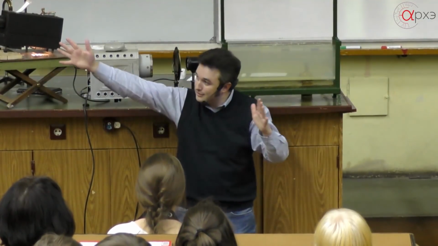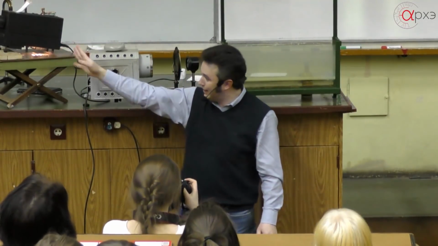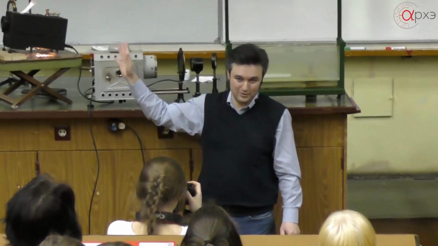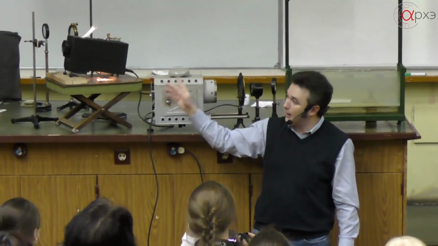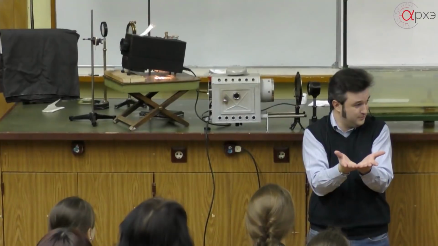And its bending depends on the color. This simple tool, simple conceptually but difficult technically because a good diffraction grating is rather difficult to fabricate, allows us to see that white light is not actually white. It is a mixture of all these colors.